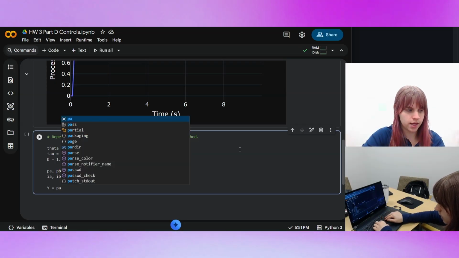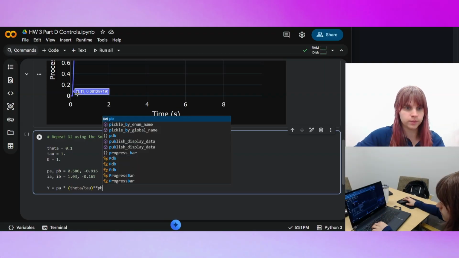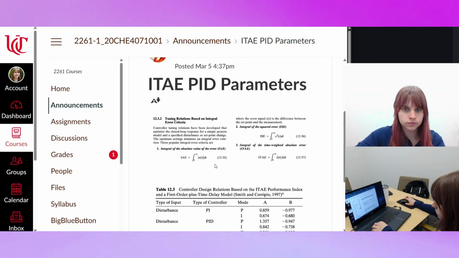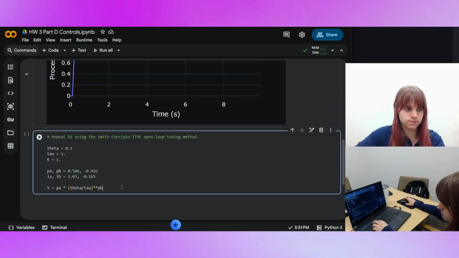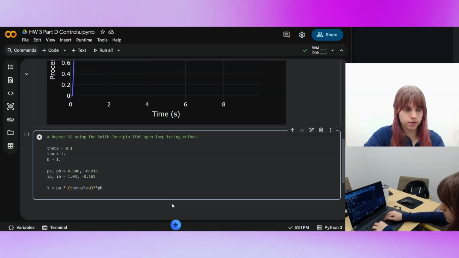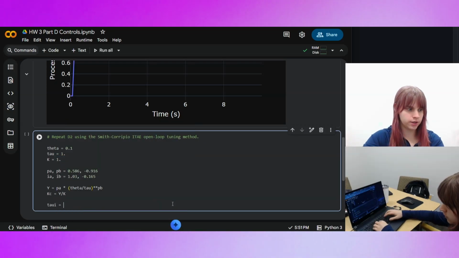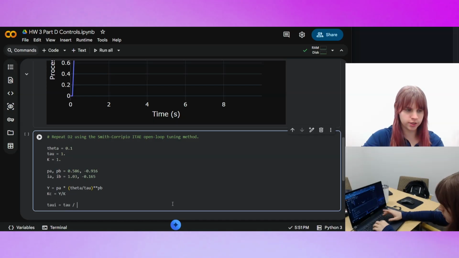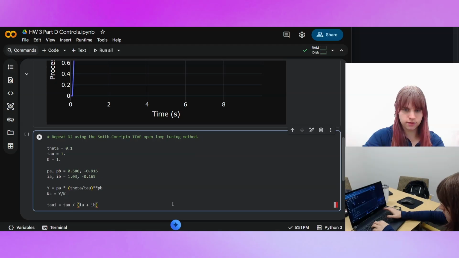So we would have PA times theta divided by tau to the power of PB. Our Kc controller gain is going to be y over k. The integral time tau I is going to be equal to tau divided by that IA plus IB times theta over tau.